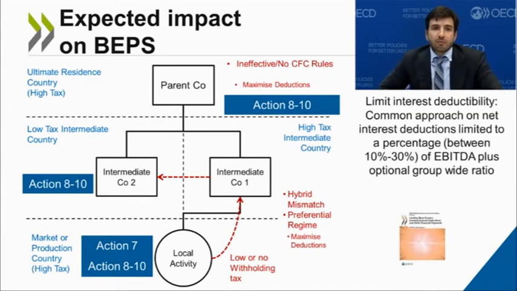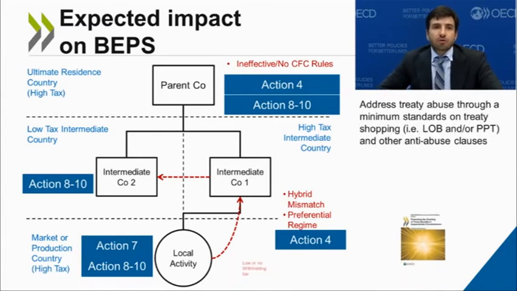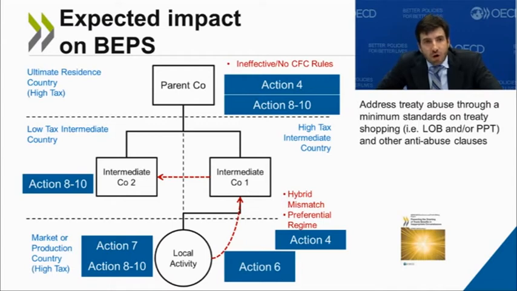How do you then prevent the use of deductions to strip the taxable base out? Is the work on Action 4 that Hakim has described in detail regarding interest deductibility. How do you prevent that payments that go out do not benefit from double tax treaties when conduit structures are interposed?